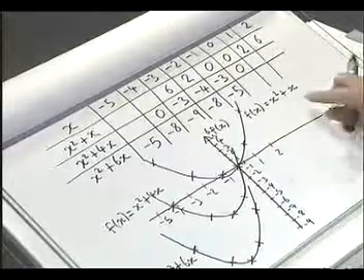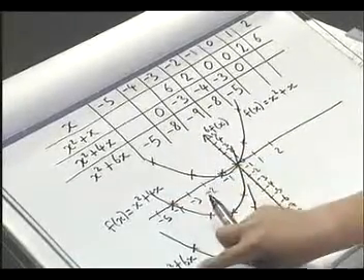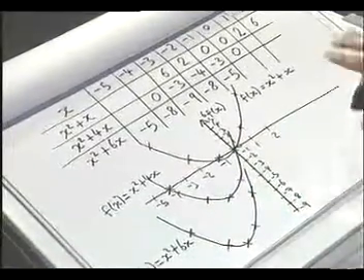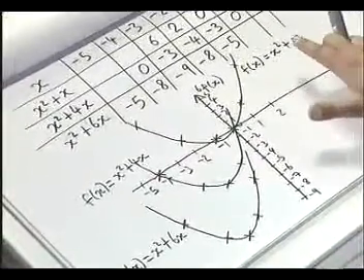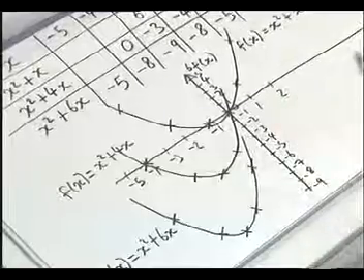So we can see that as the coefficient of x increases from 1 to 4 to 6, the curve, the parabola, is actually moving down and to the left. But what would happen if the coefficient of x was negative? Well, let's have a look.